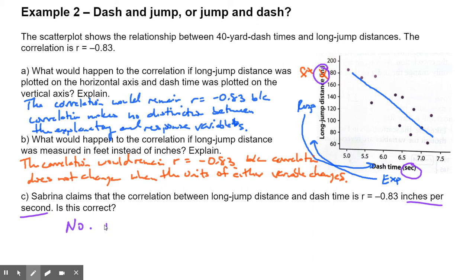The correlation does not have units. And again, I cannot emphasize enough that despite us not using the formula, in the formula there uses standardized z-scores, which means the units go away.